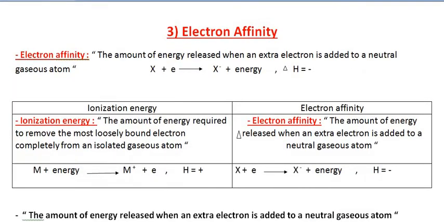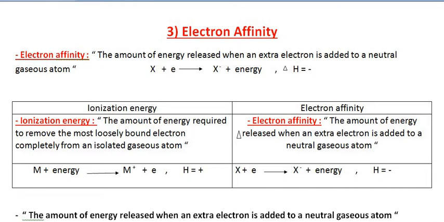When you want to remove an electron from the atom, you must add and exert energy to remove any electron from the atom. This amount of energy needed to remove the electron is called the ionization energy that we have studied in trend number 2.